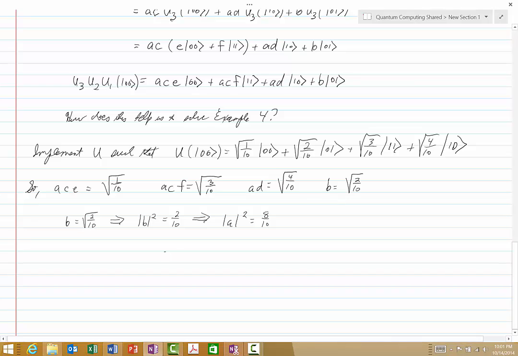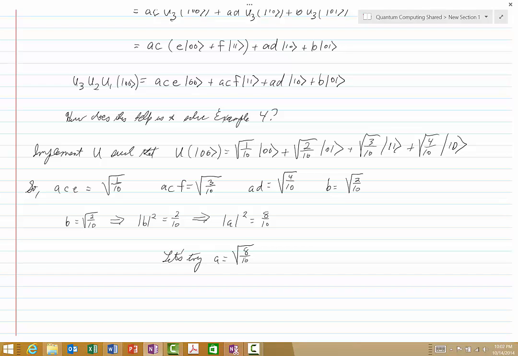So let's try a equals square root of 8/10. In other words, let's see if we can just make this assumption that it's the square root of 8/10 and not worry about other possibilities here.